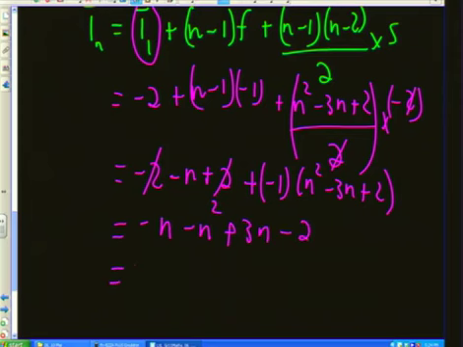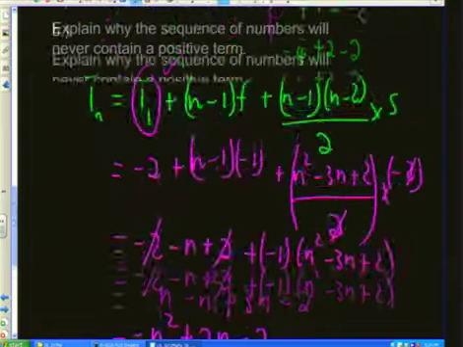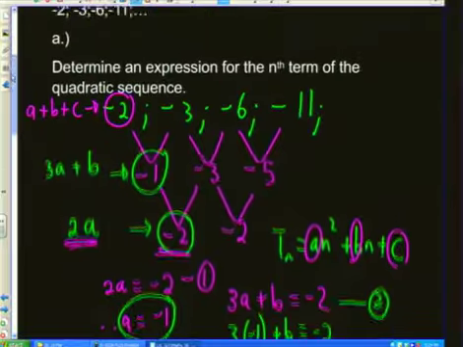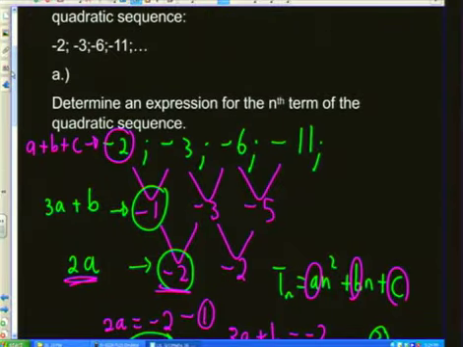And your final answer is minus n squared plus 2n minus 2. Now, if you check, if you put a 1 here, you get minus 1 plus 2, then your final answer will be minus 2.